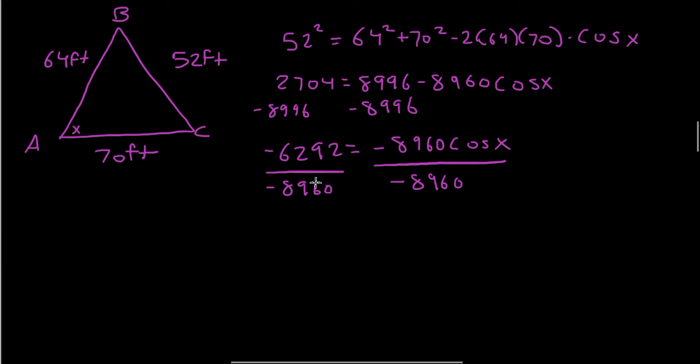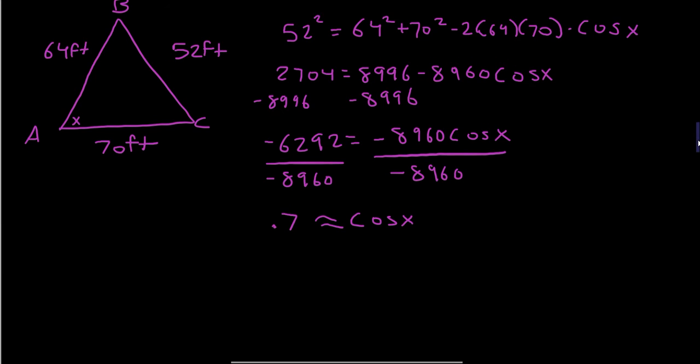8,960. We're going to be left with roughly 0.7, which is roughly equal to the cosine of x. And in order to leave the x by itself, we are going to do the inverse cosine.